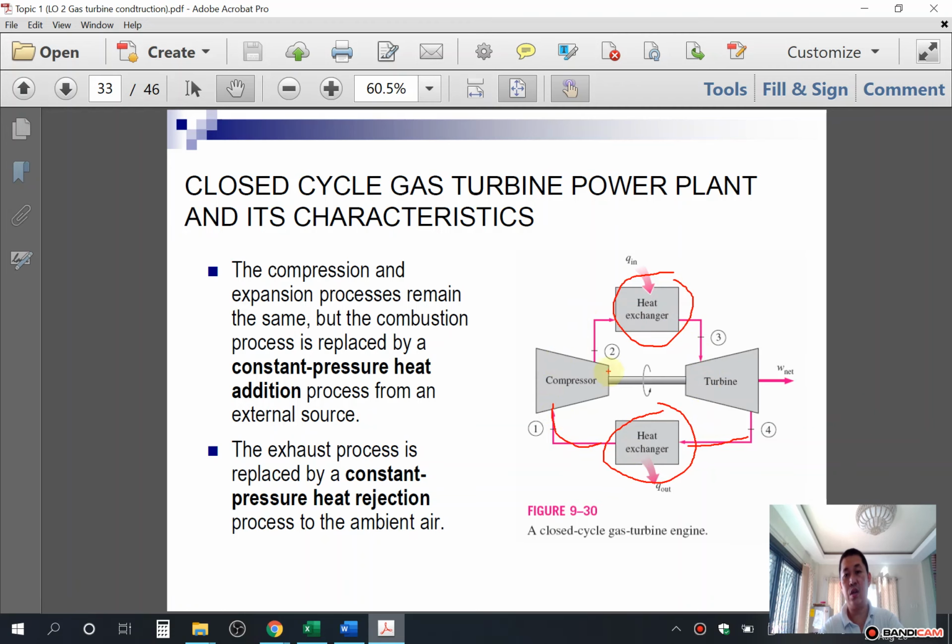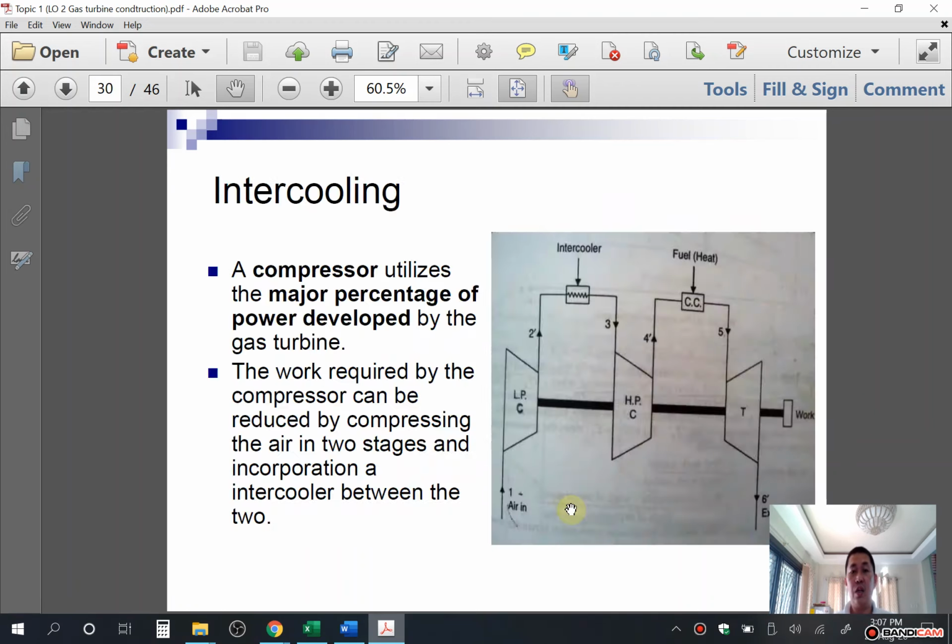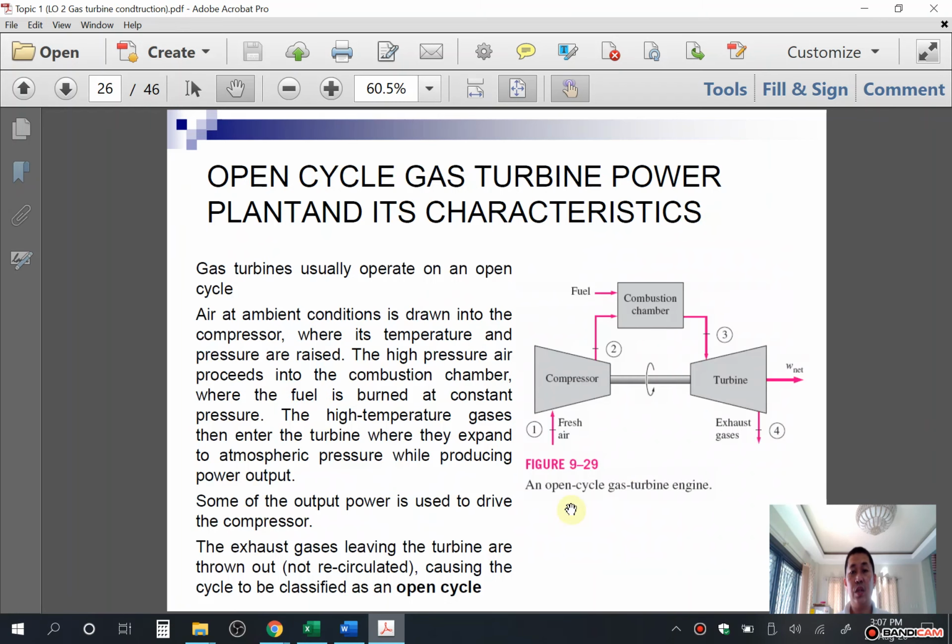This is a closed circuit. Unlike the open cycle, see here, fresh air from the atmosphere is sucked by the compressor and discharged to the combustion chamber. Then the combustion gas enters the turbine and the exhaust gas is discharged to the atmosphere.